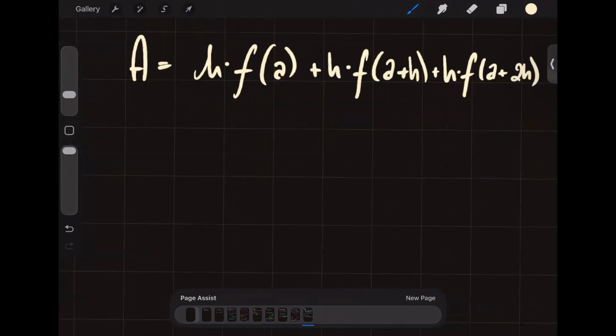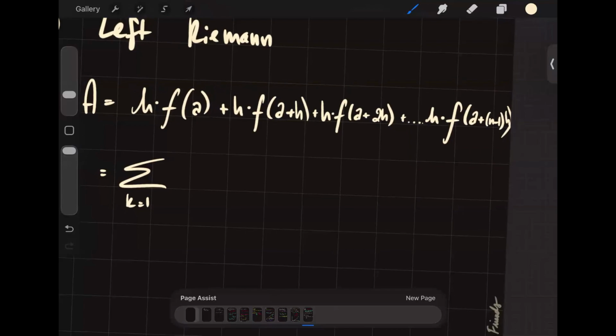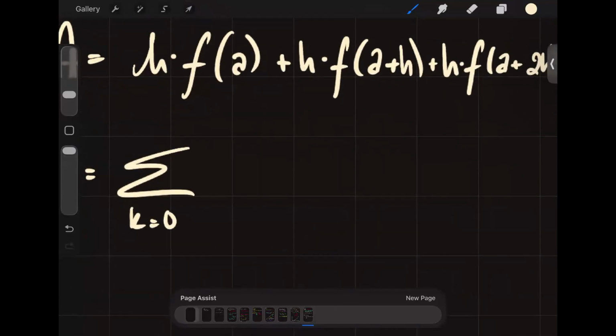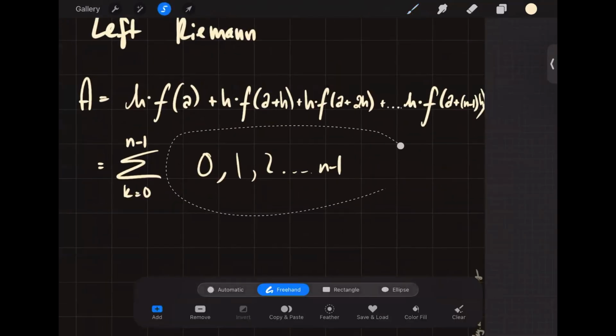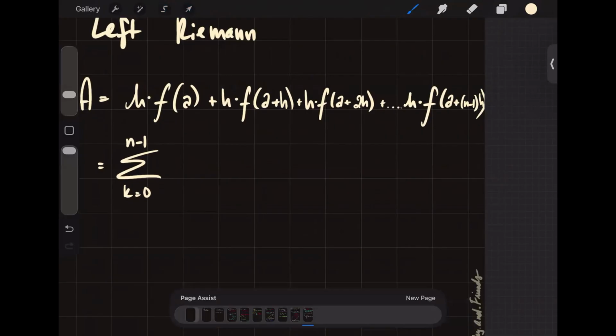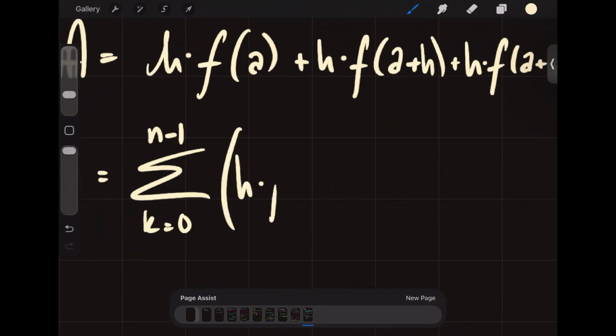That's a lot to write. So we can write this as the sum of k equals 0, all the way up to n minus 1, because you count 0, 1, 2, and so on, up to n minus 1, and that'll give you n rectangles because you start counting at 0. I know that's some CS behavior, I'm sorry. You have the sum of all these, h times f of a plus kh.